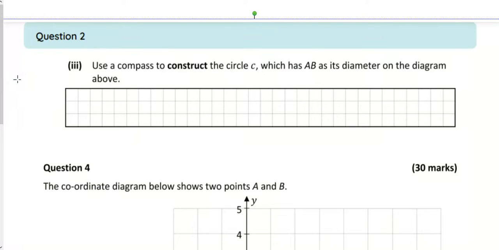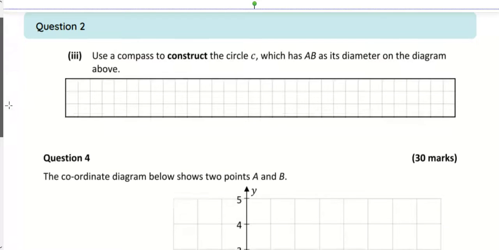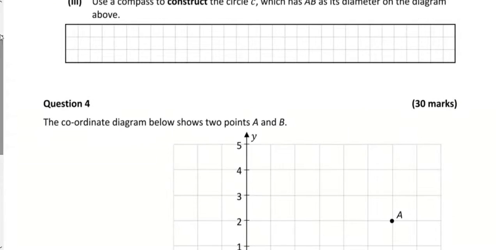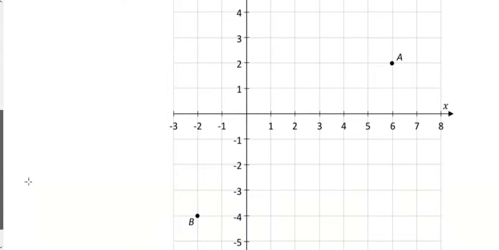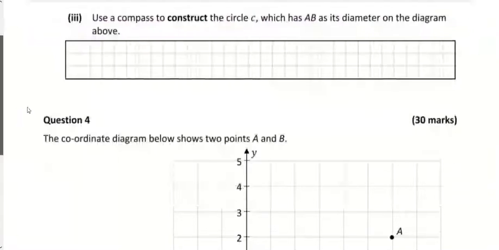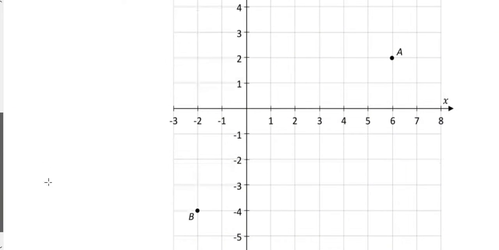Right. Construct a... This one. This one here. Oh yeah, sorry. I'll just show you what I'm doing now. I actually remember what it is. It's basically you're drawing a circle. What's the midpoint?